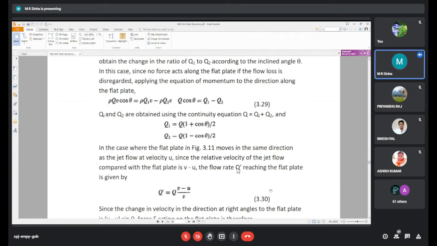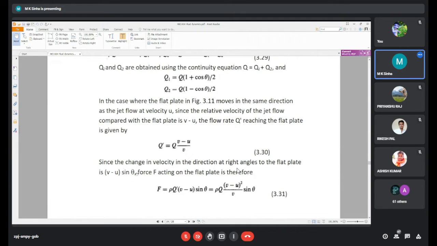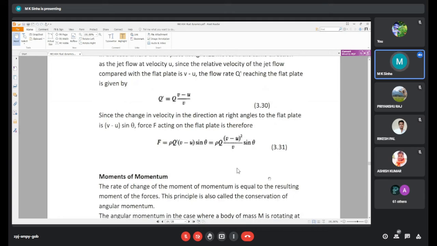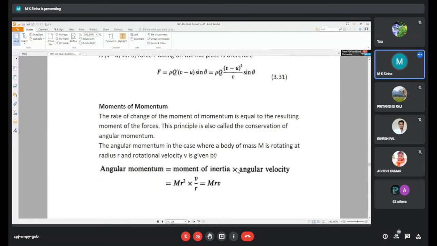So the velocity relative to the flat plate is v minus u, and the flow rate q dash reaches the flat plate, since the change in velocity in the direction at right angle to the flat plate is this. That will come out as rho q v minus u whole square by v into sine theta. This is the generalized case. Sometimes we will use horizontal or vertical, and accordingly we can change.